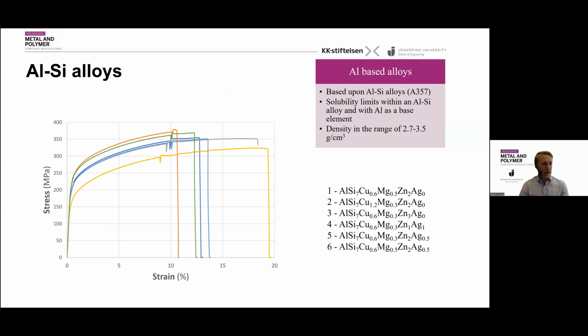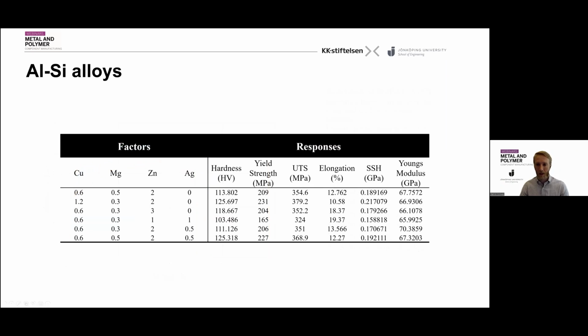We also have studied the hardness of these alloys and calculated the solid solution hardening effect from the combination of all the elements. And then we want to try to identify what effect the factors, our input variables, in this case our compositions of the different elements, have on all of our different properties that we are interested in.